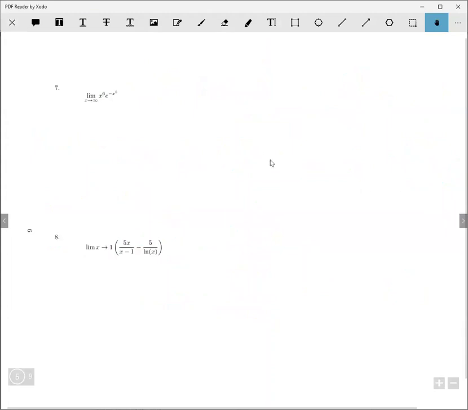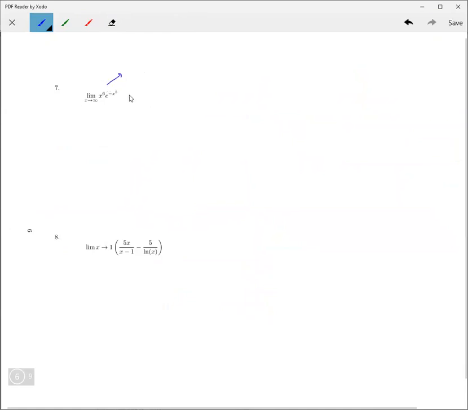Now let's get into how we handle some of the other indeterminate forms. Okay, so over here, maybe it's better if I write this as, well, as x goes to infinity, x to the 6th is basically infinity to the 6th.